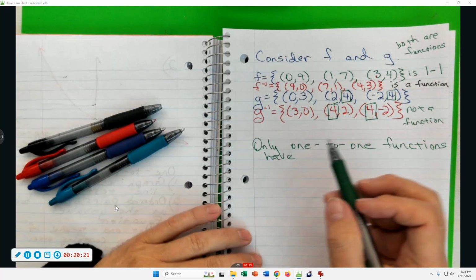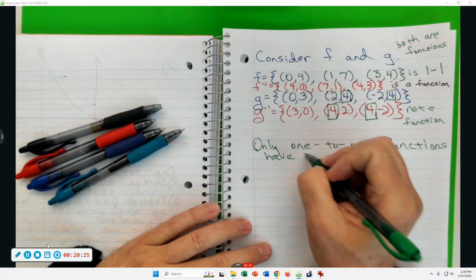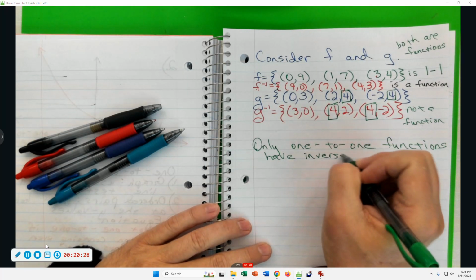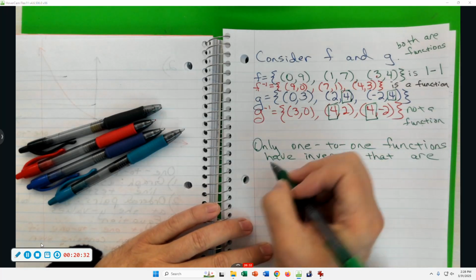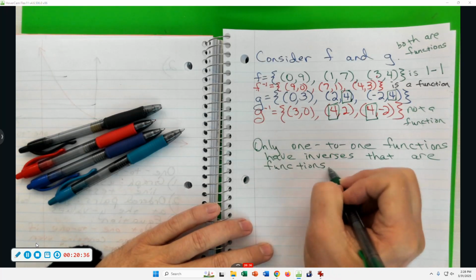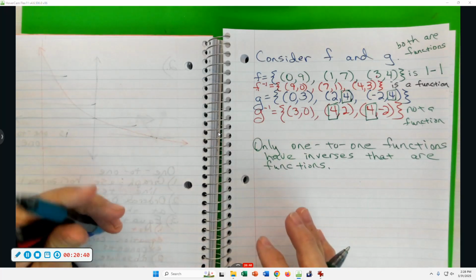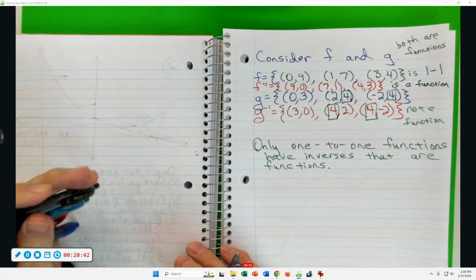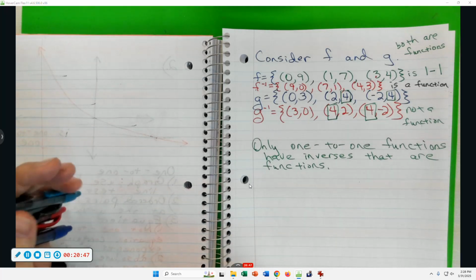Only one-to-one functions have inverses that are functions. And that's important because if it's not one-to-one, they're not going to want you to find the inverses. As we go through the homework, if the thing isn't one-to-one, you just state not one-to-one. You won't actually find the inverse.